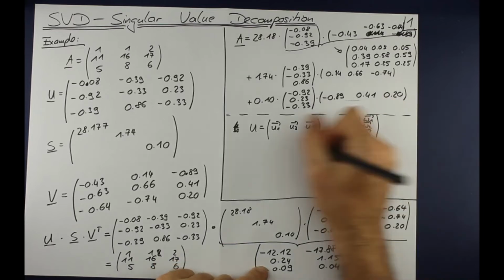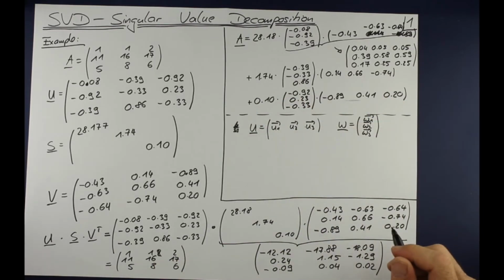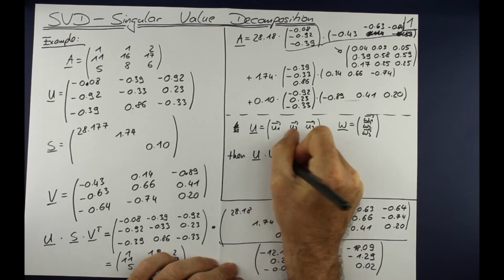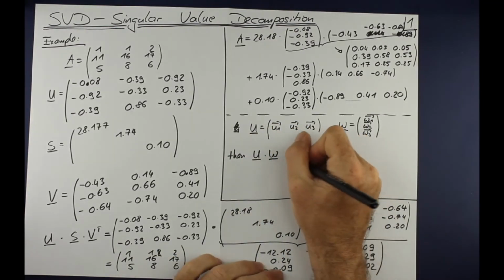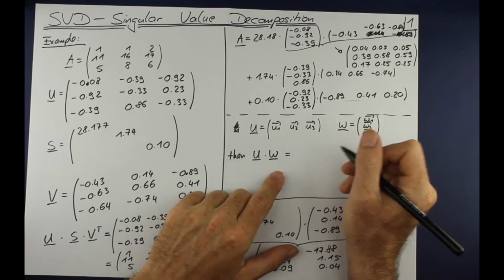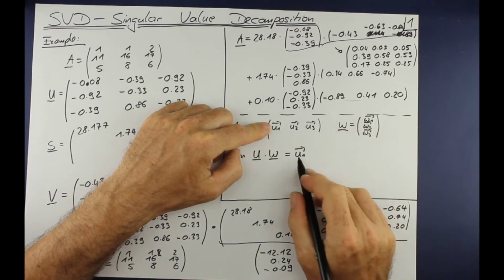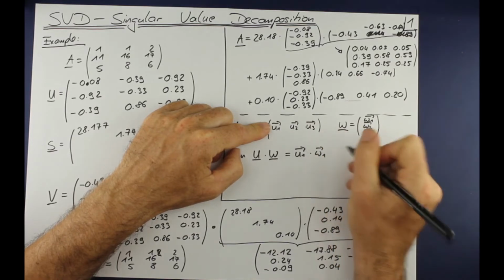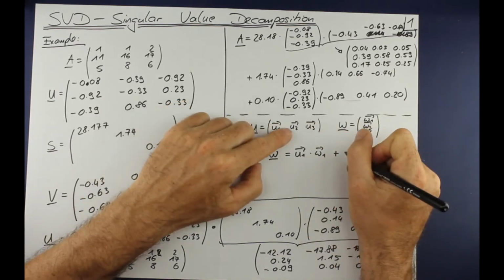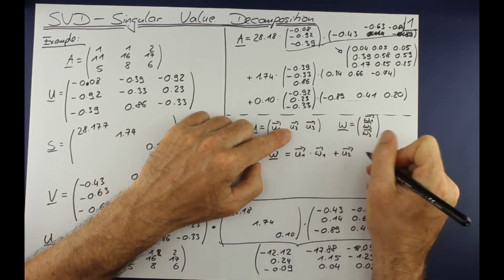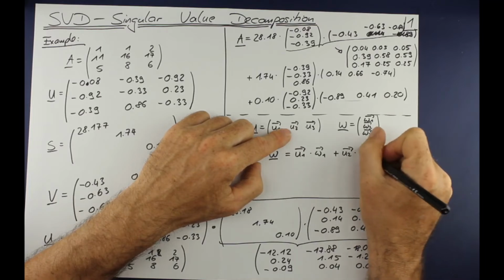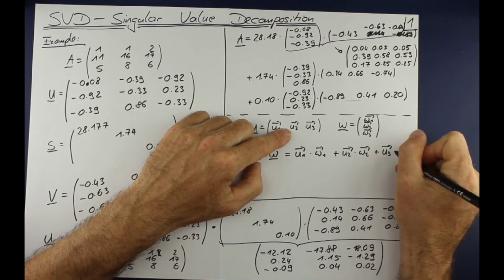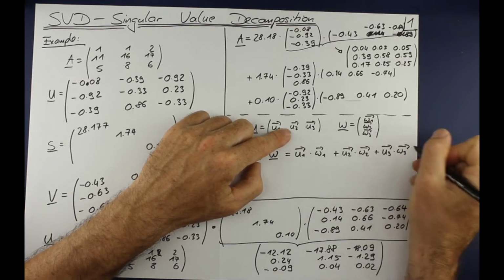And if you multiply U times W, you can also get the result of this multiplication by taking U1 column times W1 line plus U2 column times W2 line plus U3 column times W3 line.